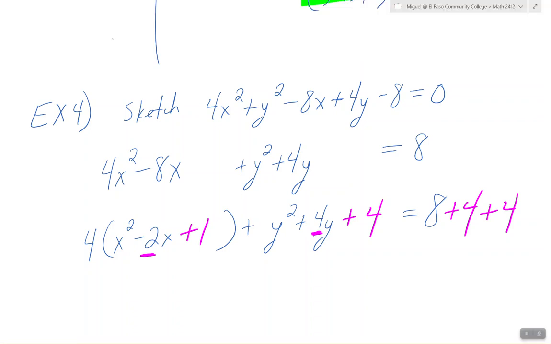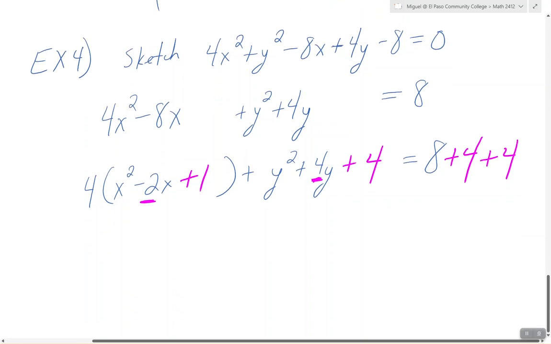Now we can factor. Simplify as well. So this is 4 times, this is now a perfect square, x minus 1 squared. And remember, they're always going to factor perfectly because that was the whole point of completing the square. If for some reason you can't factor it perfectly, that means you completed the square incorrectly. 8 plus 8 is 16.